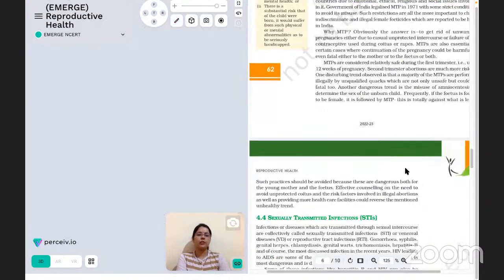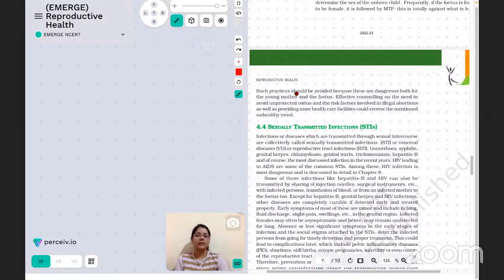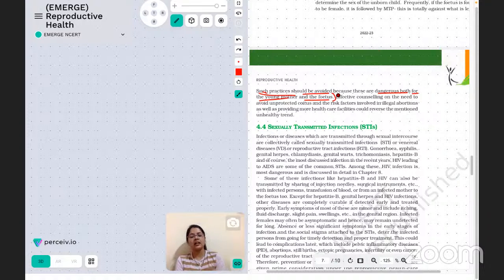So, unwanted pregnancy को prevent करने के लिए या to get rid of it. ठीक है. Now, अब इसमें जो ये practices हैं, such practices should be avoided because these are dangerous to both the mother and the young fetus. ये मैंने आपको already बताया कि अगर कोई ऐसा condition आ जाता है जिसमें ये दोनों के लिए dangerous हो जाएगा, तो ये MTP को legalize कर दिया है.